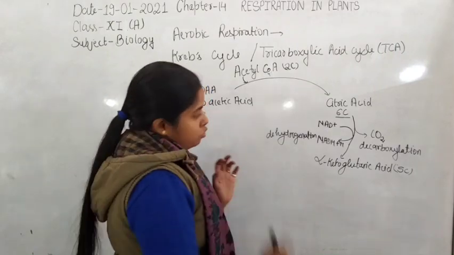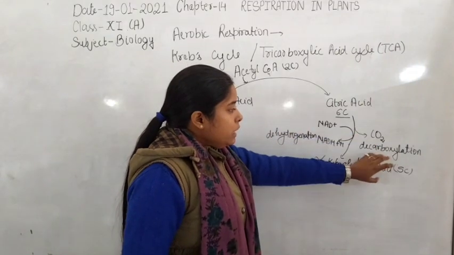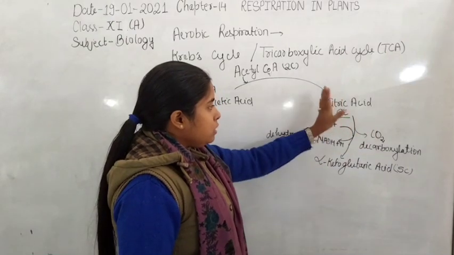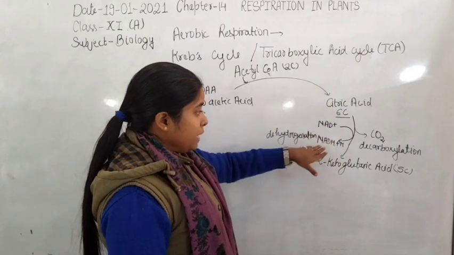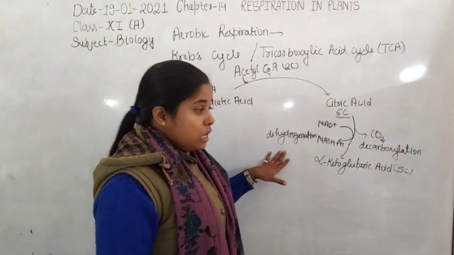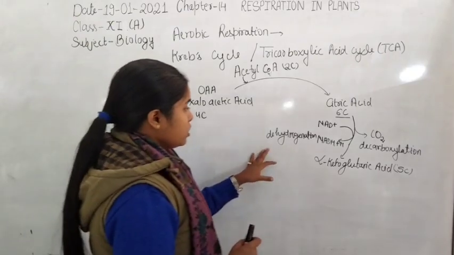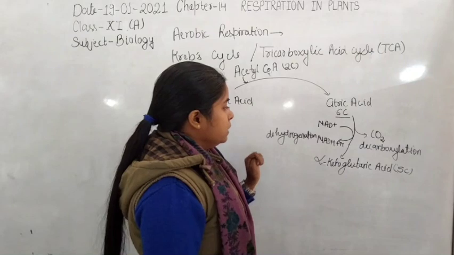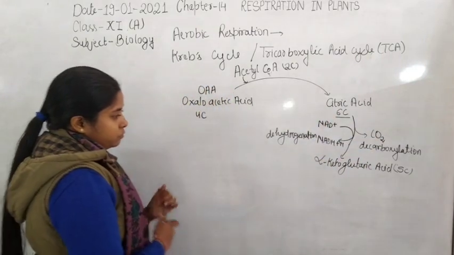So if decarboxylation takes place in the formation of alpha ketoglutaric acid, it is also followed by a dehydrogenation reaction, because there is also a need for removal of hydrogen by the compound.